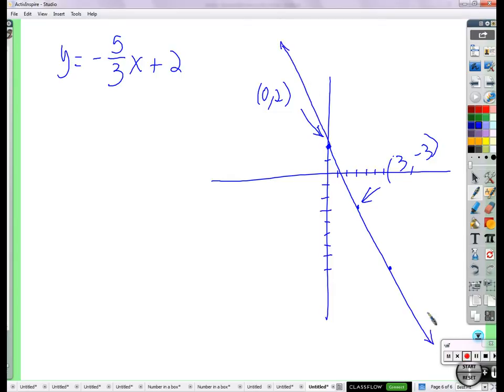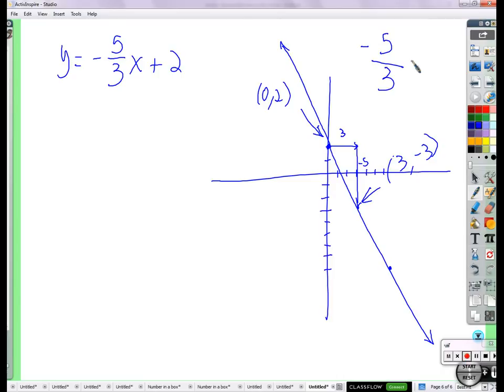So going over 3 and down 5 is what we call the slope. The denominator tells me the next x value I want to plug in is a multiple of 3, and the negative 5 tells me I'm going to have the next multiple of 5. I'm going to move down in steps of 5.